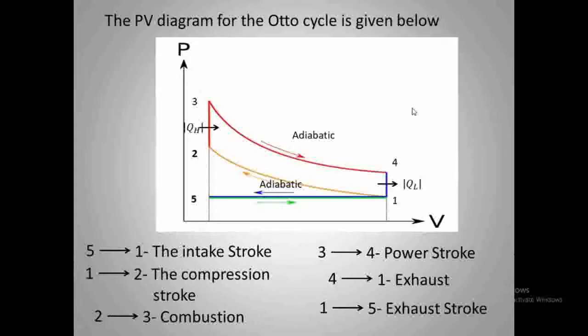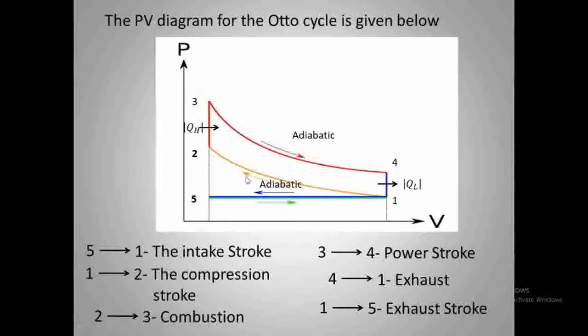So this is the PV diagram for the Otto cycle, or idealized gasoline engine. There are 6 processes, and these 6 processes are mentioned here. The intake stroke is 5 to 1, 1 to 2 is the compression stroke, 2 to 3 is the combustion, 3 to 4 is the power stroke, 4 to 1 is the exhaust, and 1 to 5 is the exhaust stroke.